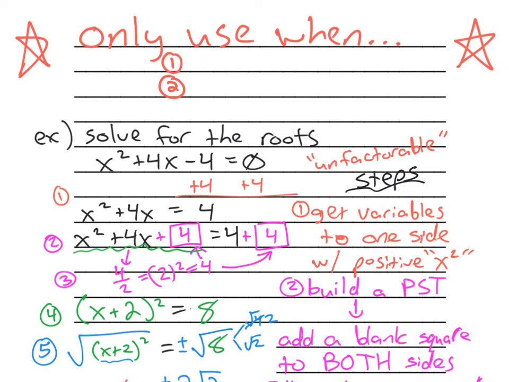You want to make sure that first term, the lead coefficient, a, is equal to 1. If it's not equal to 1, you would have to do extra work, which means it's not the method for this problem. All right, you also want to make sure that the middle term, since we're dividing by 2, the middle number, or the b value, is even.